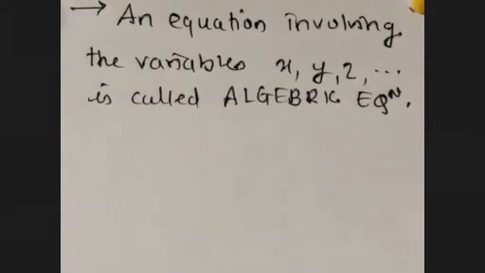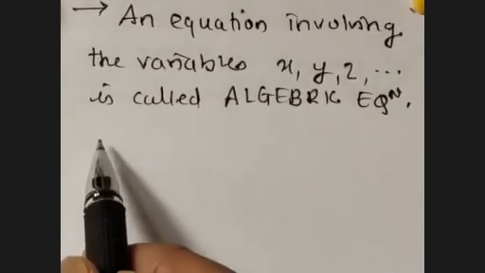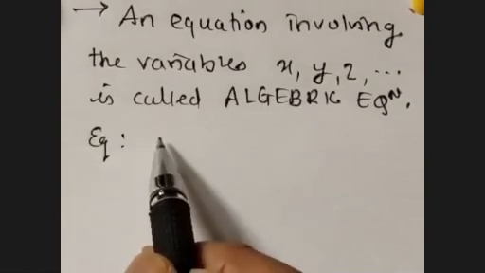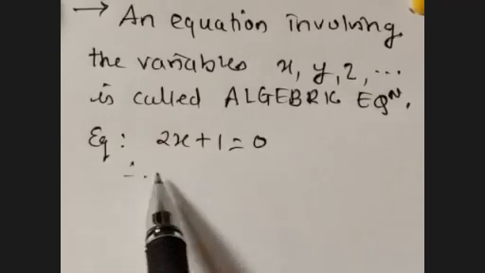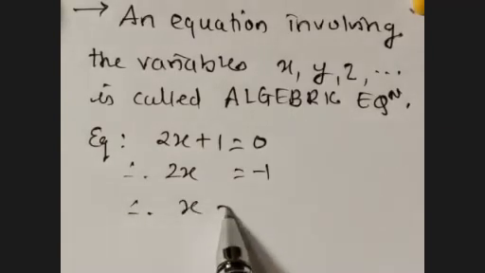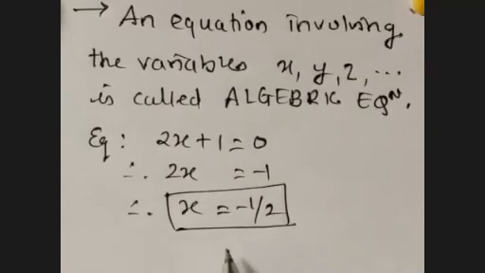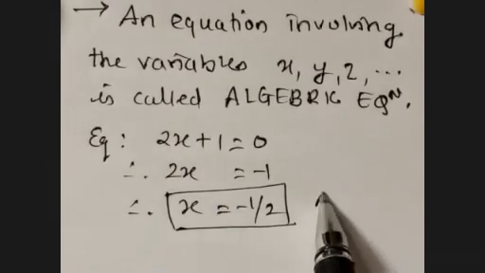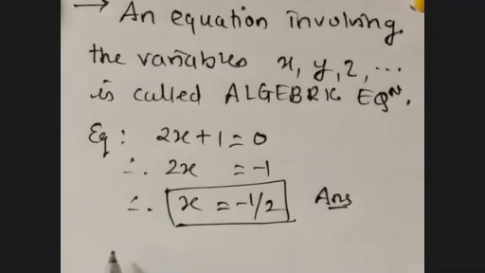The value of a variable which satisfies the equation is called a solution. For example, we have 2x plus 1 is equal to 0. Therefore 2x is equal to minus 1, so x is equal to minus 1 by 2. So minus 1 by 2 is the value which satisfies the equation. So x is equal to minus 1 by 2 is the solution.